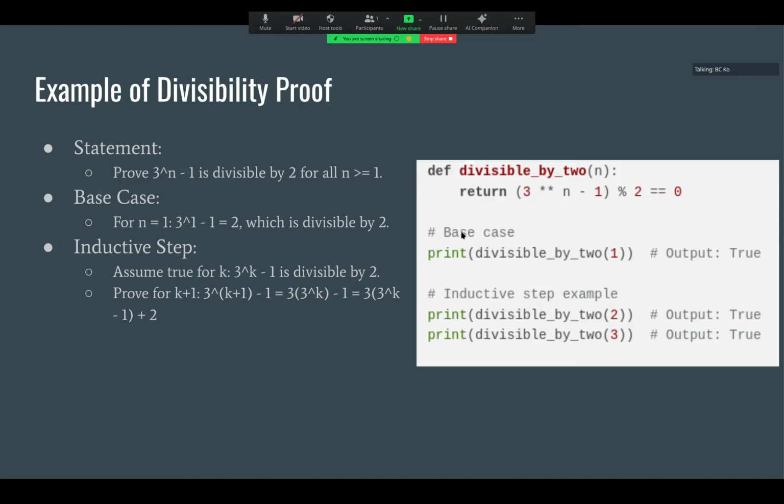So here we are testing the function with n being 1, 2, 3, and then the output shows that the statement holds true for these values. So we are showing that both the base case and the inductive step work.